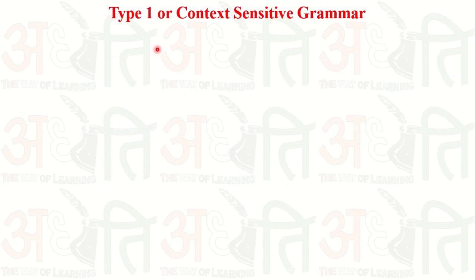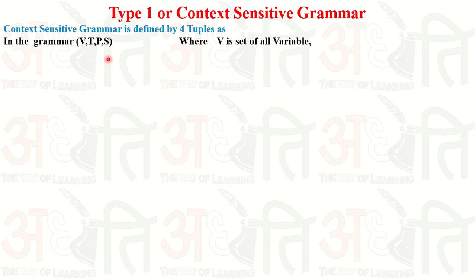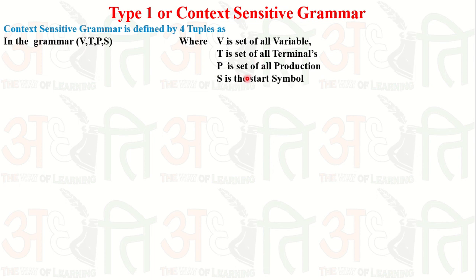It is a 4-tuple, a grammar defined by the 4 components V, T, P, S, where V is a set of all variables, T is a set of all terminals, P is a set of all productions, and S is the start symbol.